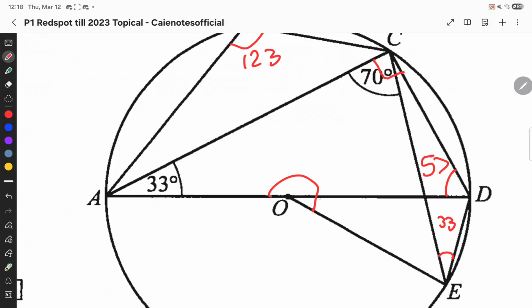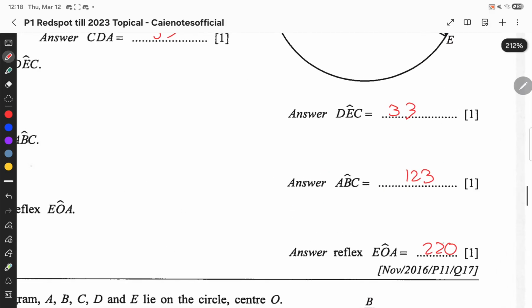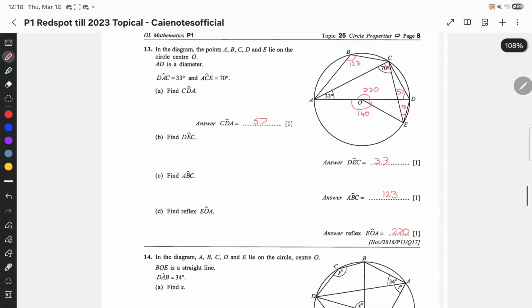So this is the angle at center. We see that this angle is 140. Then we do 360 minus 140. It is greater than 180, so it is a reflex angle, and so we find the answer correct.